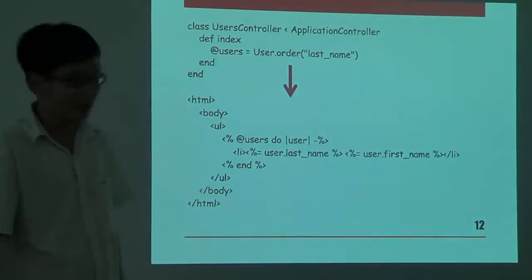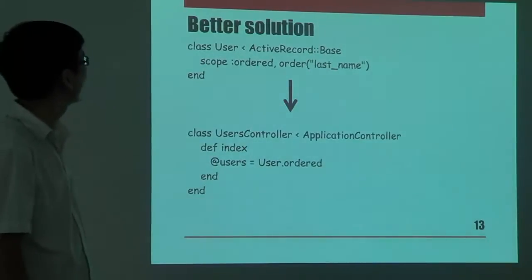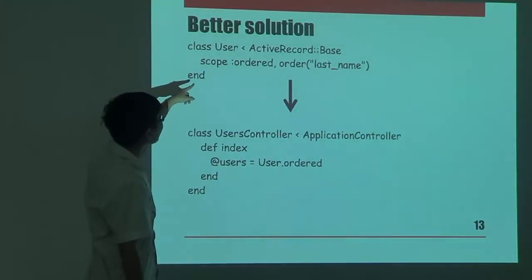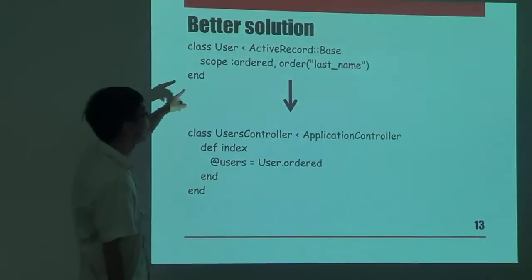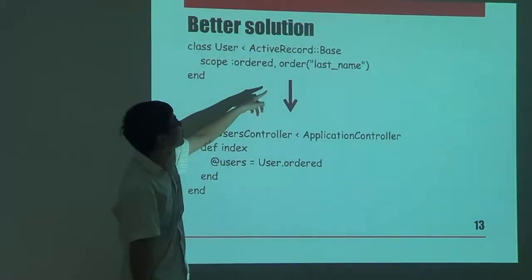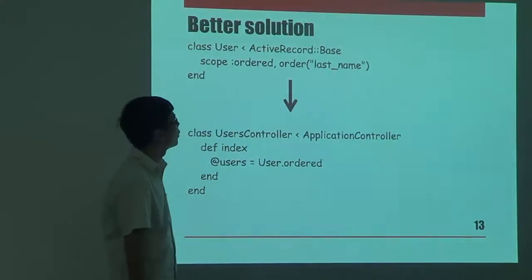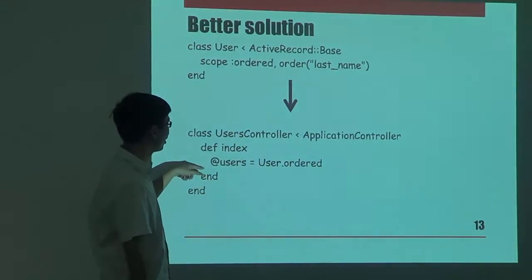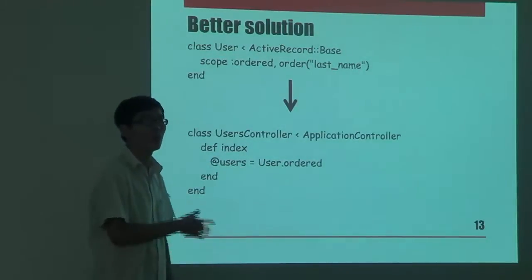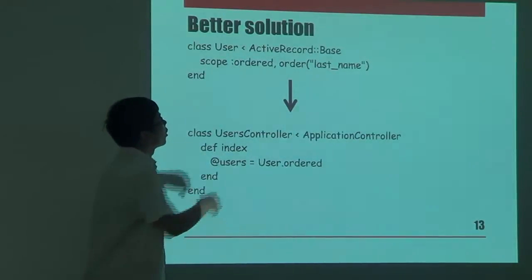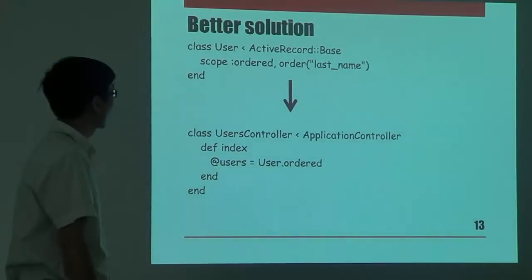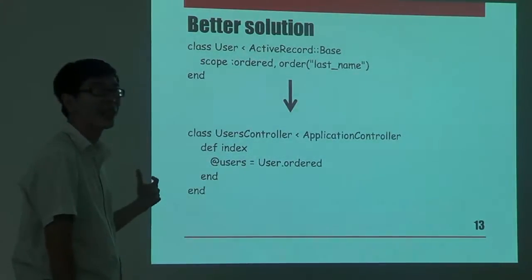So we arrive at a better solution, which is to use named scope. In Ruby on Rails, there are named scopes. For example, they have a scope with the name orders that executes the order by last name. So in the controller, you just have to call User.orders, and you will receive the users ordered by their last name, which is quite easier for you to maintain your code.